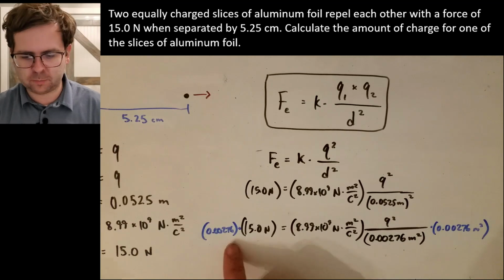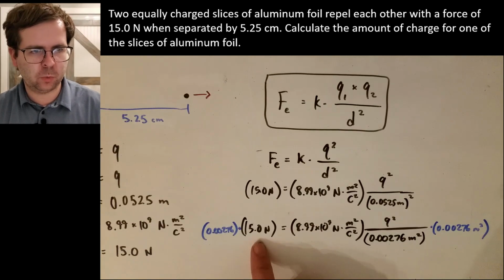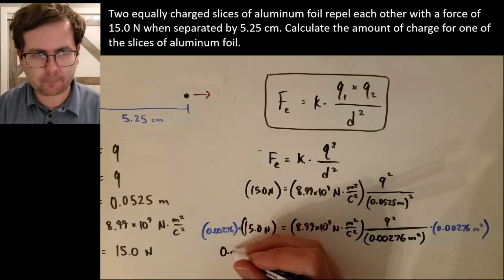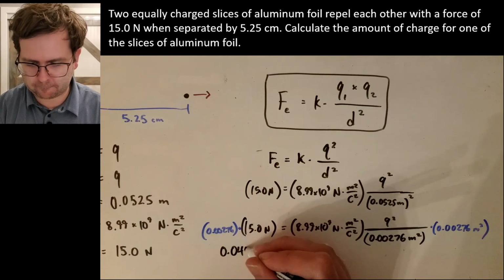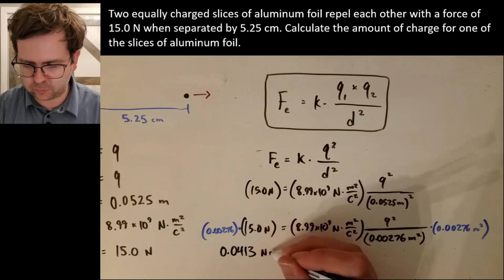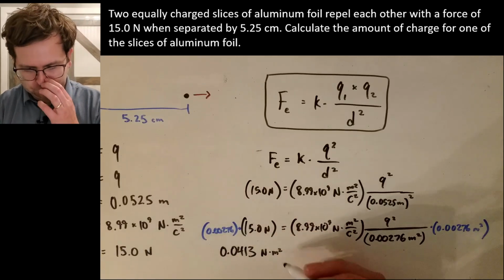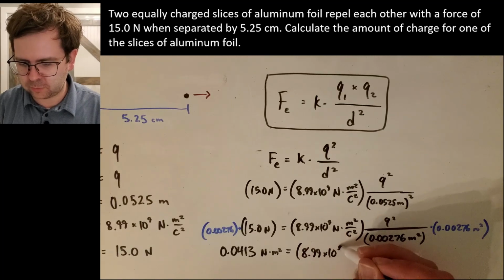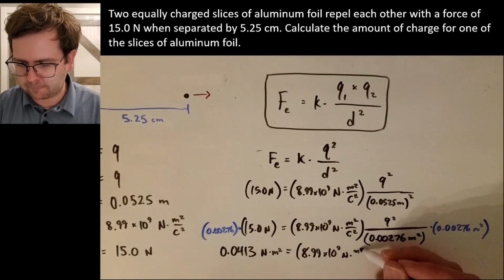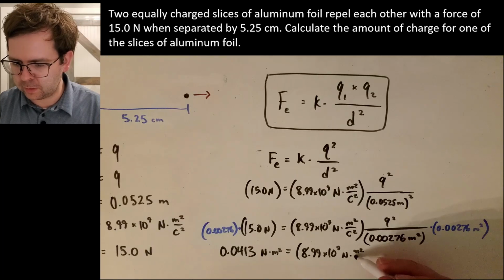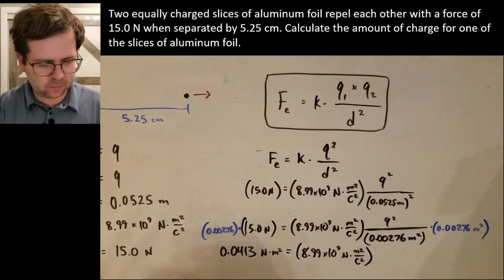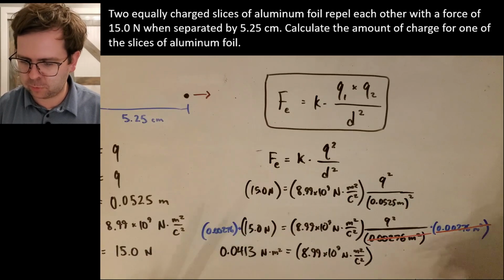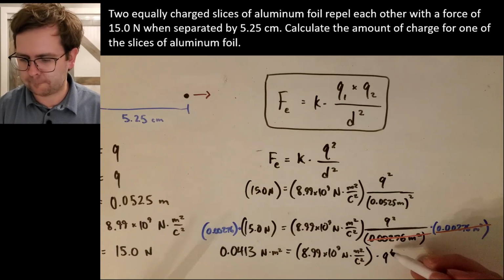So doing that, on this side, it's going to be 0.0413, and that's newtons times meters squared right now. And then I'm left on this side with 8.99 times 10 to the 9 still. And this meter squared over here, these all canceled out. So that's just going to be multiplied by Q squared.